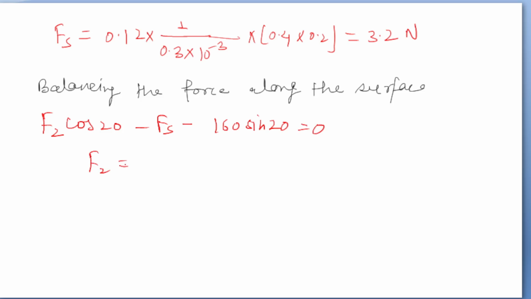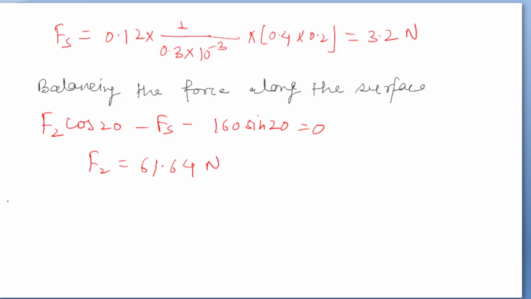From here we get F2 equal to 61.64 Newton. This is the force for the second case, when there is an oil film applied between the surface and the block.